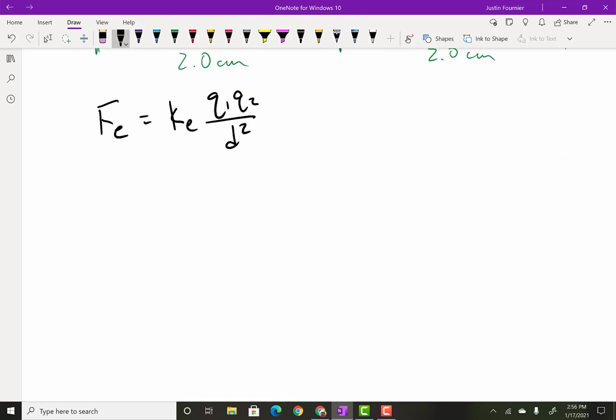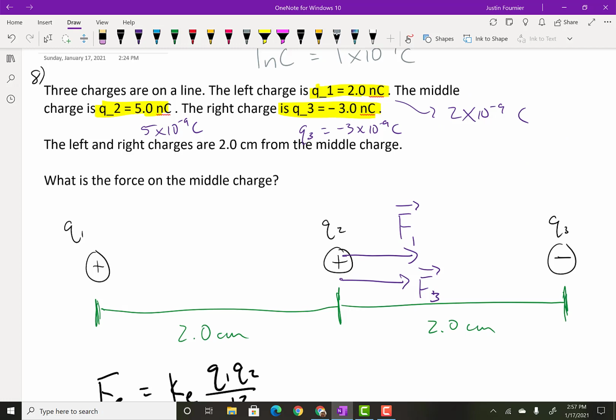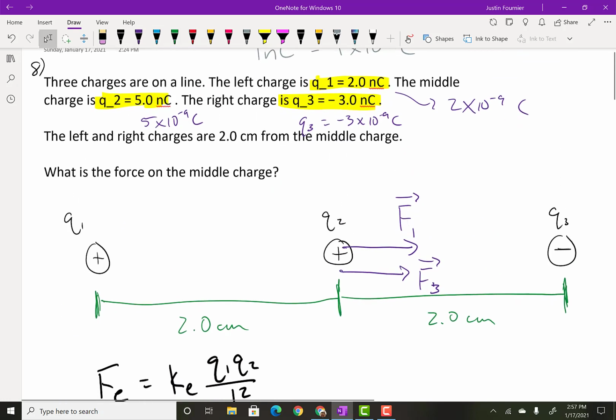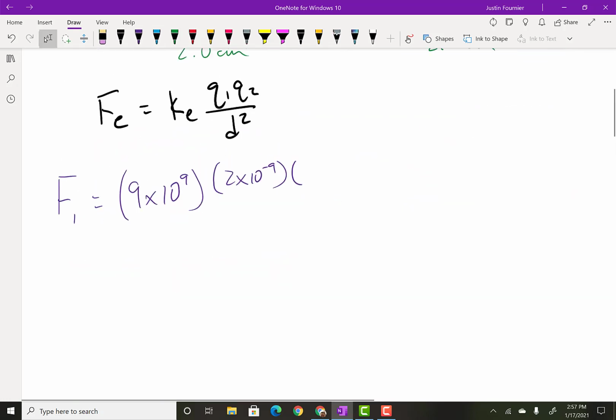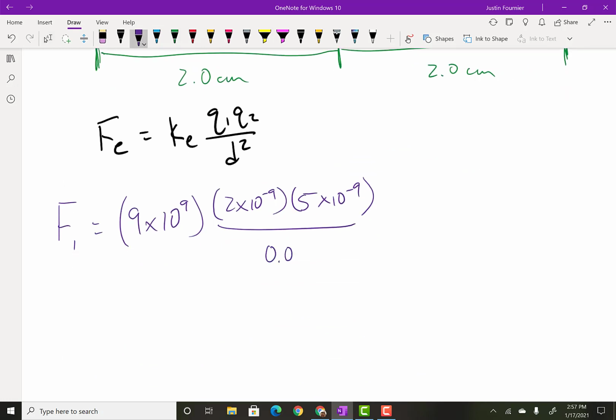So we'll start with the force from charge 1, that's going to be 9 times 10 to the 9 coulomb's constant, multiplied by Q1, which is 2 times 10 to the negative 9, and then Q2 is 5 times 10 to the negative 9 coulombs, divided by the distance between them, which is 2 centimeters, but that's 0.02 meters. So again, make sure you convert.